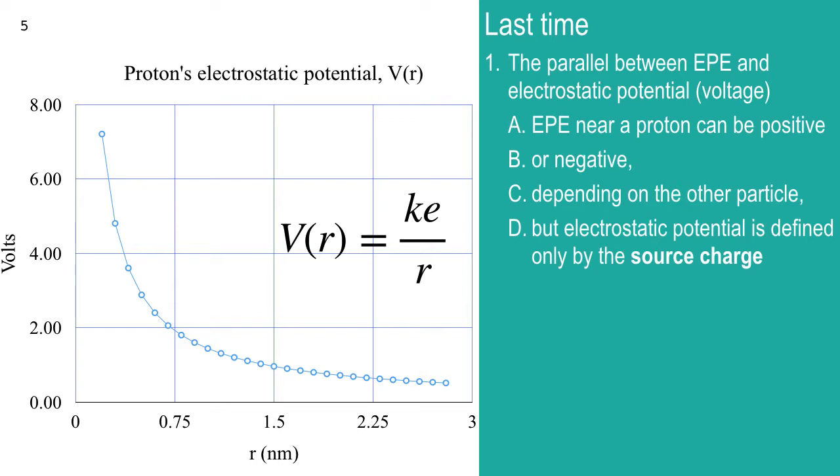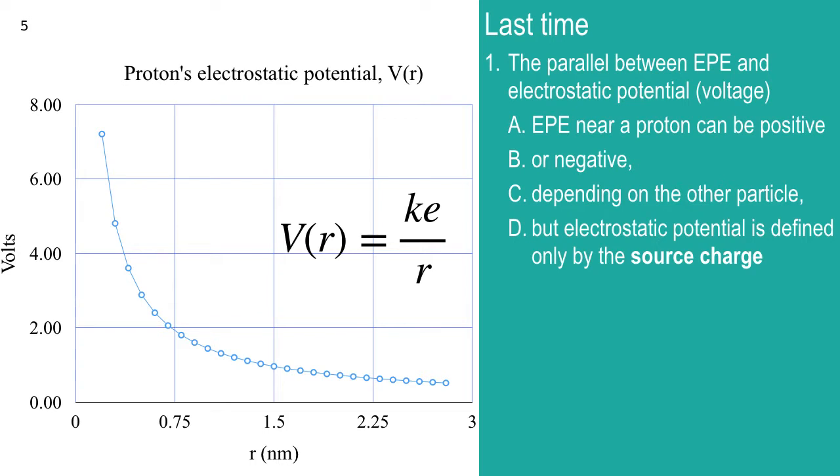The size of the charge is e, positive 1.602 times 10 to the minus 19 coulombs. k is good old 9 times 10 to the 9 newton meter squared per coulomb squared. And then r is, whatever you want, in meters or nanometers or something like that. I've got it graphed up in nanometers here.